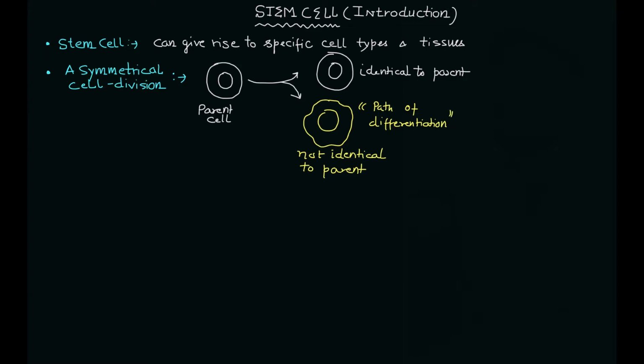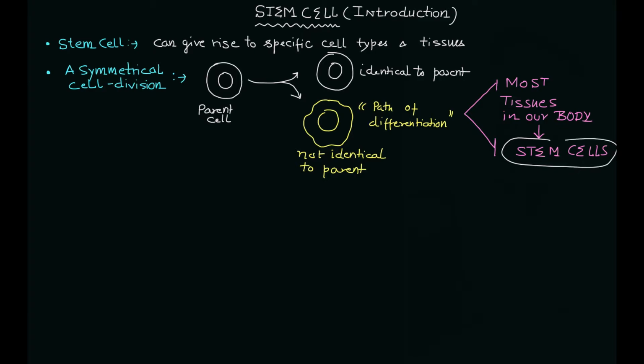So that's why I'm writing here the path of differentiation. And because of that, it is important to understand that most of the tissues in our body, they are constructed via the stem cells. So you can understand the importance of stem cell research in human health, in medicine.